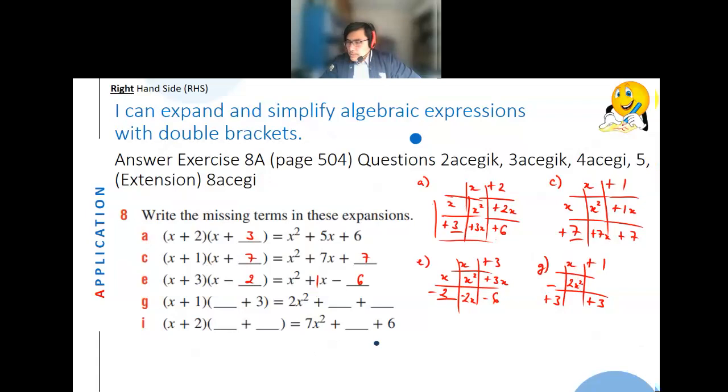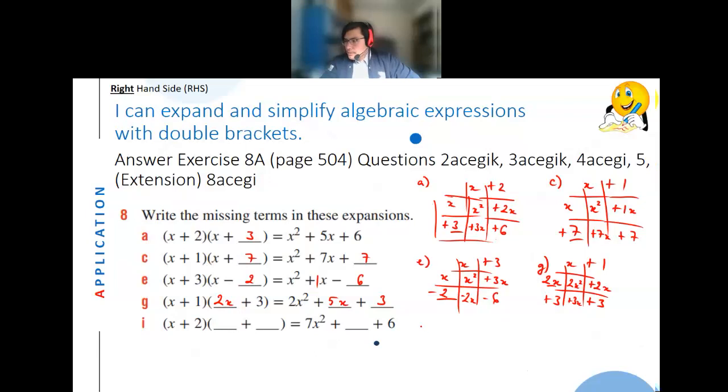For there to be an x squared, there has to be another x here, and we want a 2. So this number has to be 2, so that's 2x. We have 2x times plus 1. 2 times 1 is 2, so that's plus 2x. Then plus 3 times x is plus 3x. Combine them together, plus 3 plus 2, that's plus 5x. And then this is going to be plus 3.